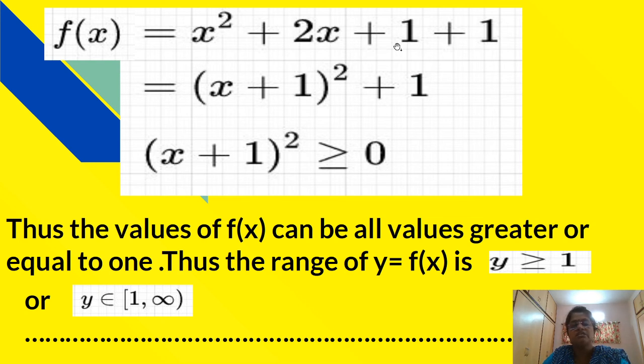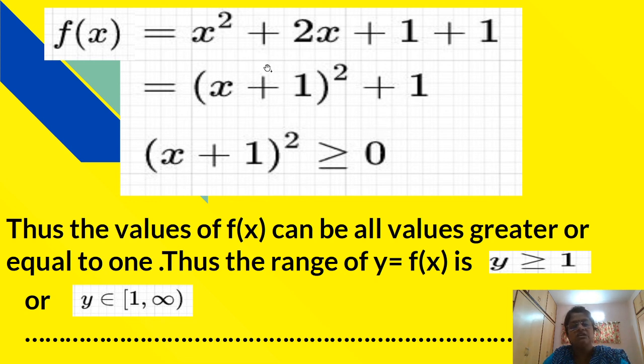These first three terms are the expansion of (x + 1)², and the last term +1 stays as it is. Now (x + 1)² will be greater than or equal to 0, because a square is always non-negative.